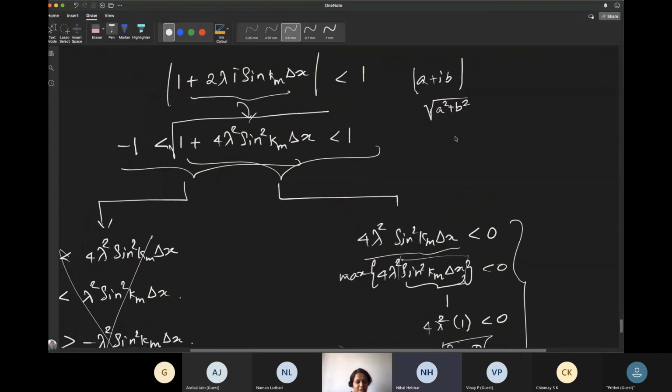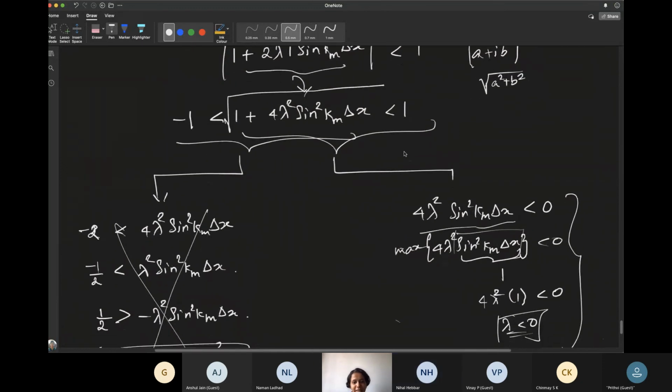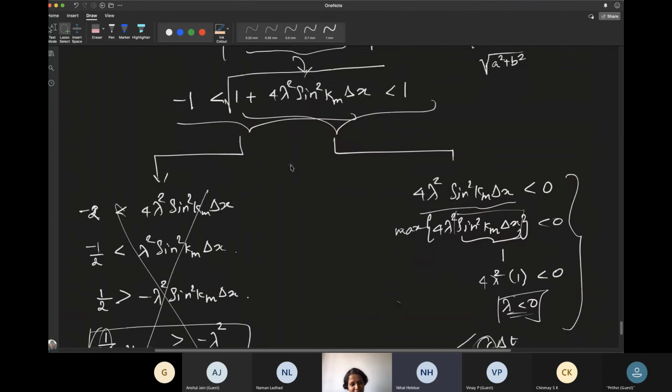Ma'am, how about if we just take it separately and then do it? Take which of these separately? I'm not getting it. Ma'am, like take root of 1 plus whatever is there less than 1 as one condition, and then again greater than minus 1 as another.